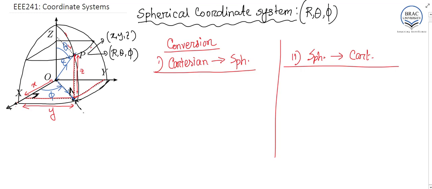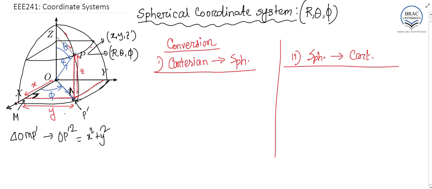So if we name this point P prime, this point over here M, then from the OMP prime right angle triangle, we get OP prime squared equals x squared plus y squared, right? And then again, we have proved it before, I guess.